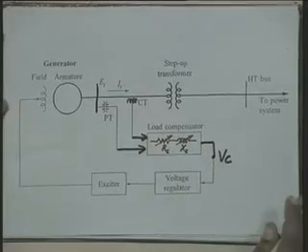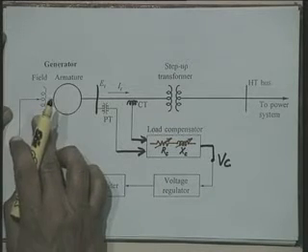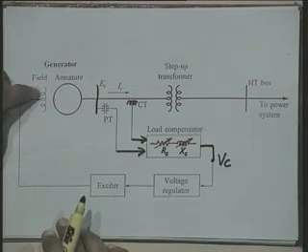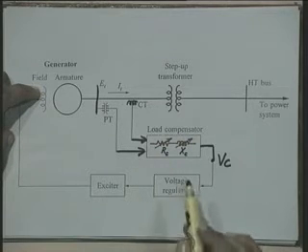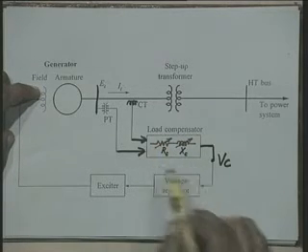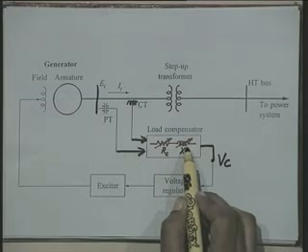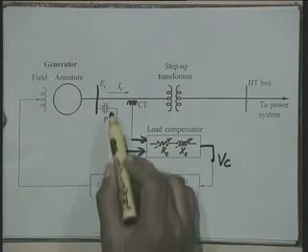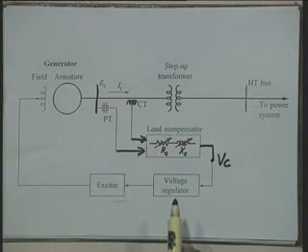This voltage signal is fed to the regulator, and ultimately the field current of the synchronous generator is regulated like this. In case we do not want any load compensation, then Rc and Xc will be set to 0. So what you regulate will be the terminal voltage of the synchronous generator.